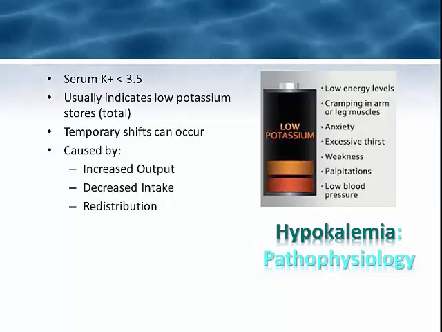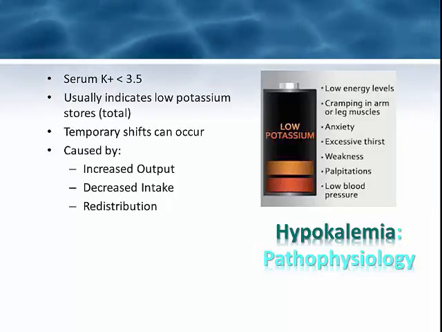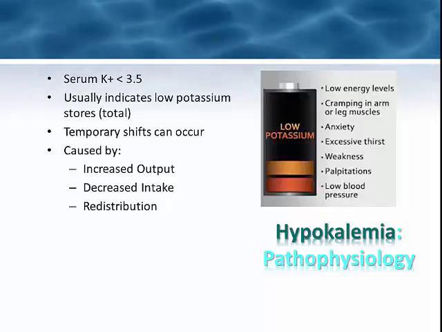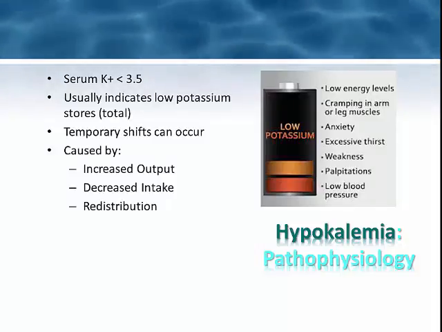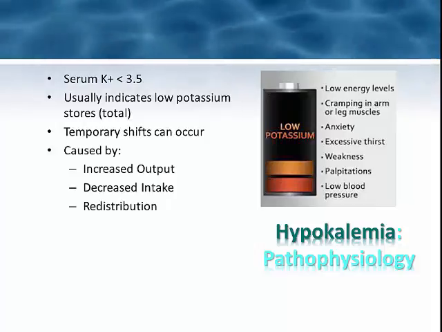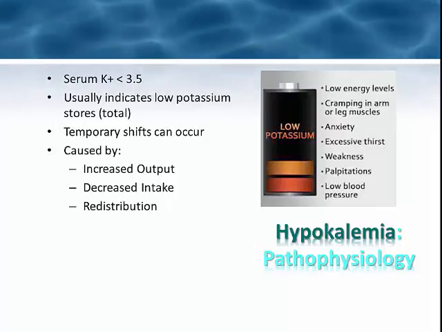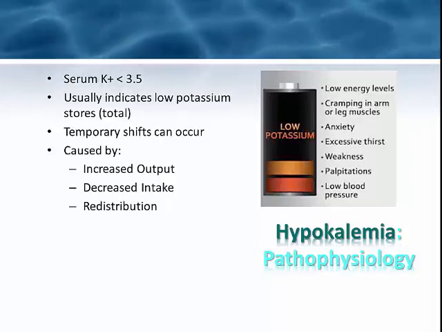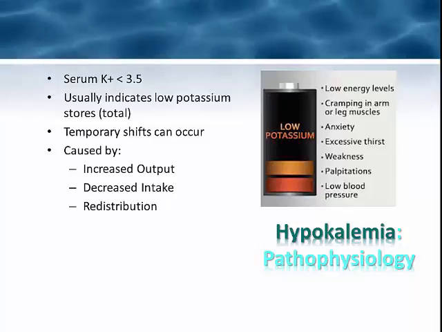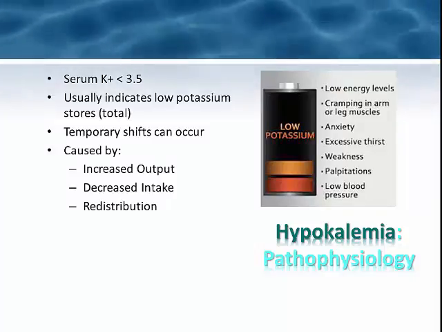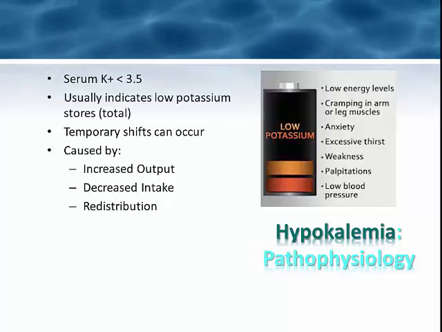Patients who are receiving IV insulin can also become hypokalemic, because insulin promotes potassium to enter the cells of the skeletal muscles and liver, which causes a low serum potassium level. So based on all those things, what do you think the clinical manifestations are?